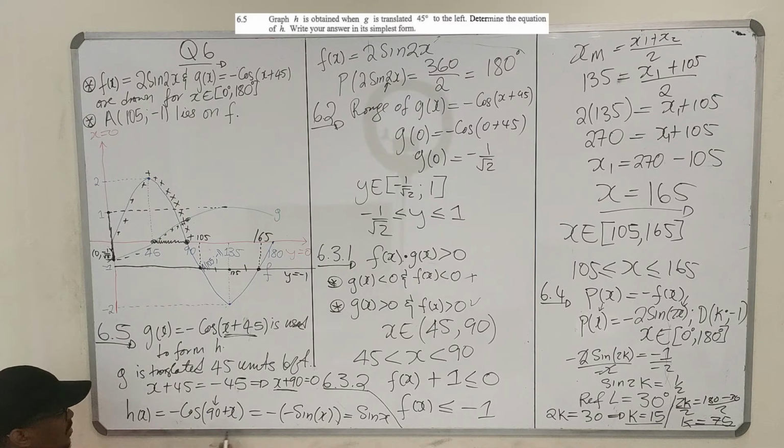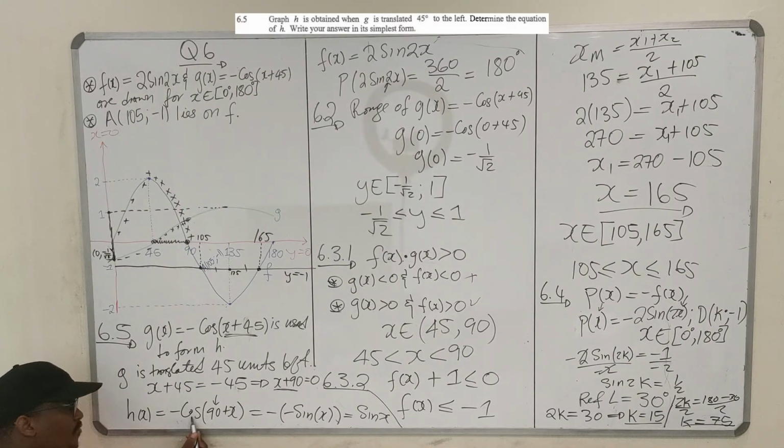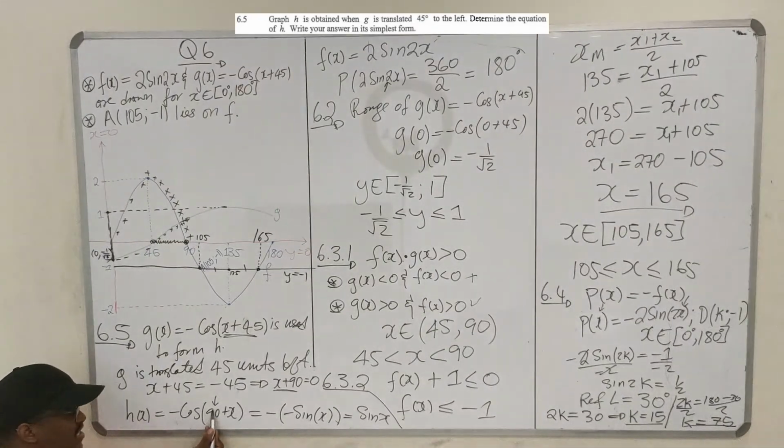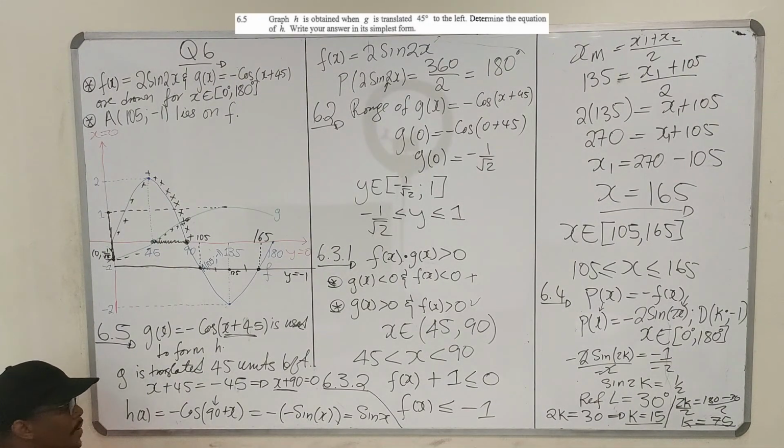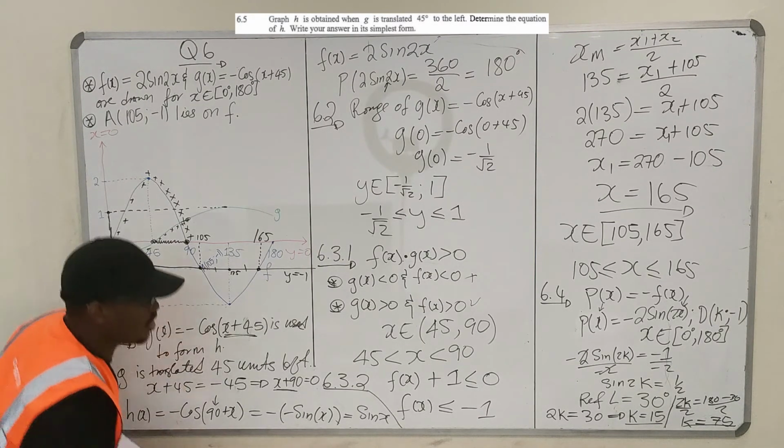And then this negative is this one. Then you ask yourself, where is 90 plus? On the second quadrant, what sign is your function? It is negative. And because the angle is 90 degrees, it will change to its co-function identity, which is sine. So you have negative sine x, which eventually becomes sine x.